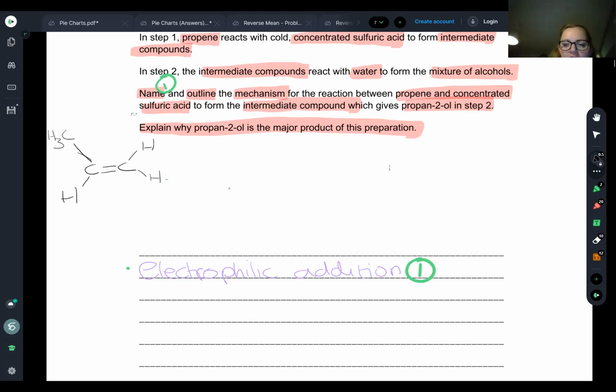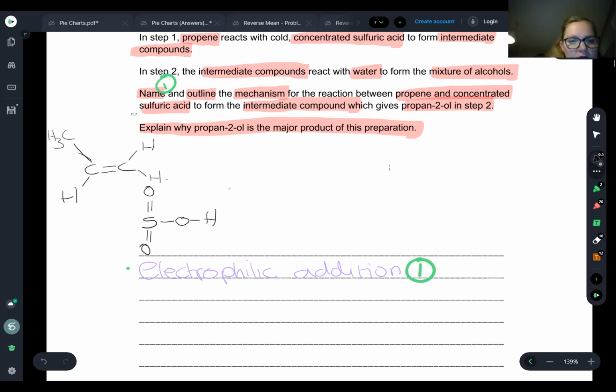Next thing I'm going to do is draw sulfuric acid out. Again, you need to know how to draw sulfuric acid. This is something that you just need to learn. So we've got our sulfur here. We have a double bond to an oxygen at the top, a double bond to our oxygen at the bottom, an OH here, and then an OH on the other side.